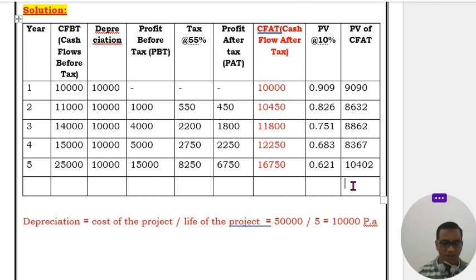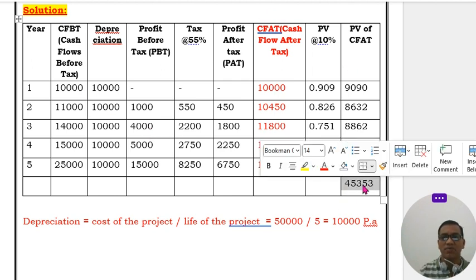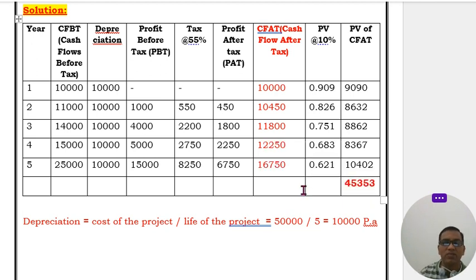A little round off I did here. 45,353. Yes, 45,353. Total PV of cash flow, total PV of cash flow after taxes. This is the value we got.